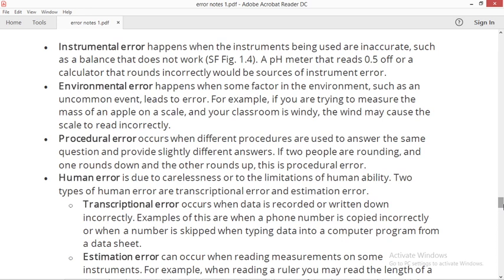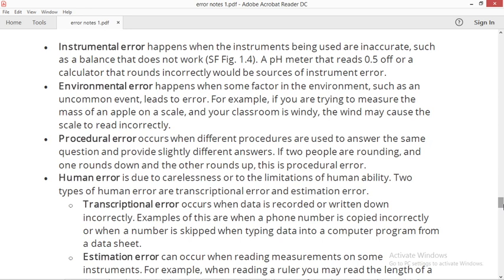Instrumental error happens when the instruments being used are inaccurate, such as a balance that does not work, a pH meter that reads 0.5 off, or a calculator that rounds incorrectly. These would be sources of instrument error. In these cases, you can do nothing but replace that instrument.